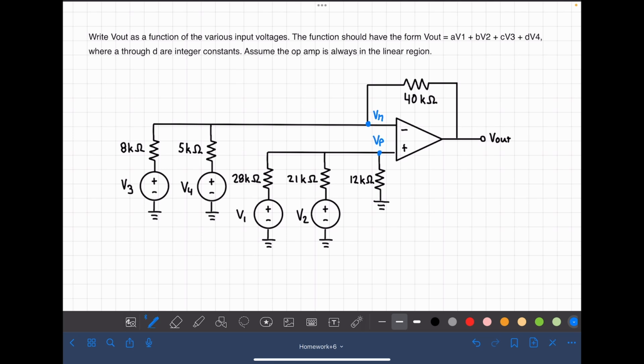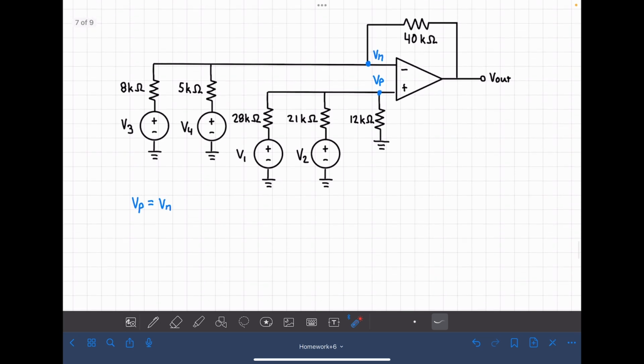Because we're using the ideal model for the op-amp, we know these two are equal. Those are the only two nodes we have to worry about in this situation. So let's write out some node voltage equations.